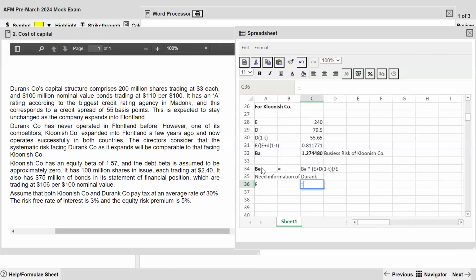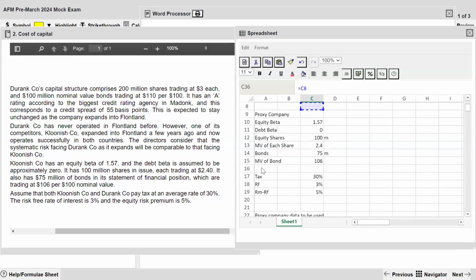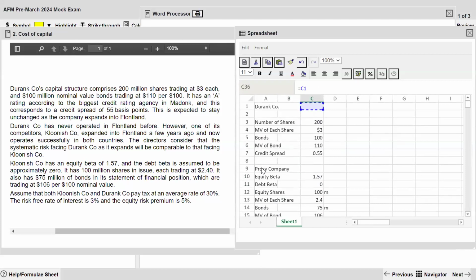The E of Durang is actually going to be this multiplied by this.